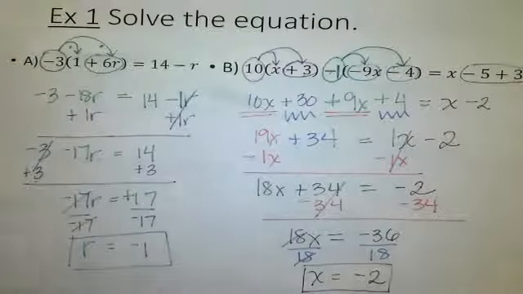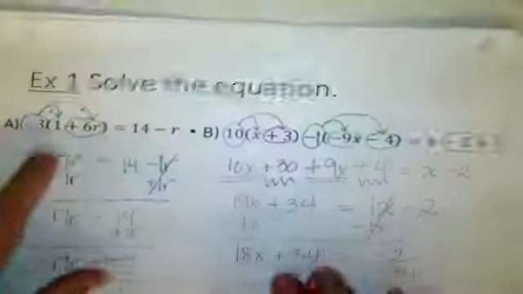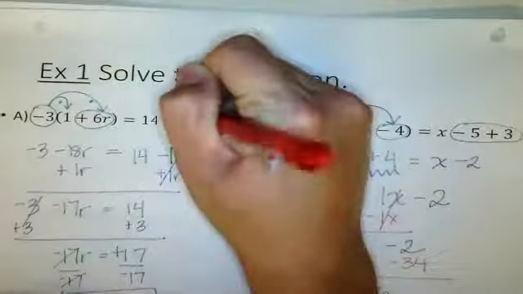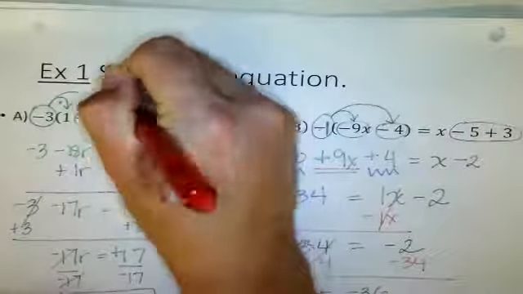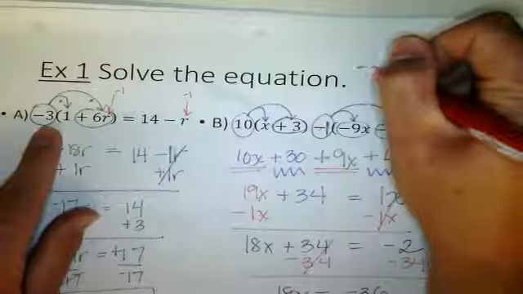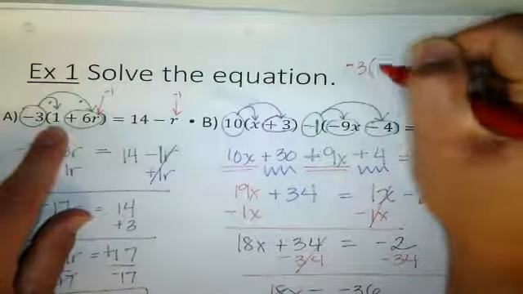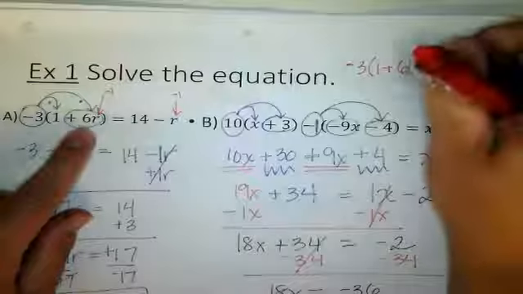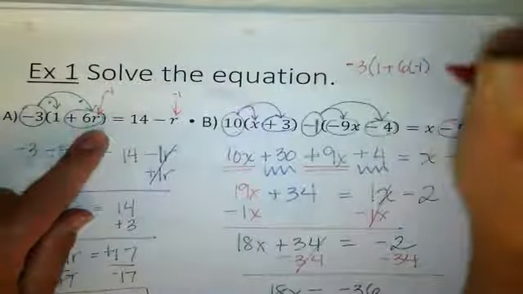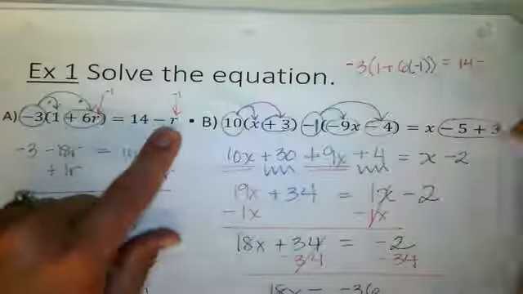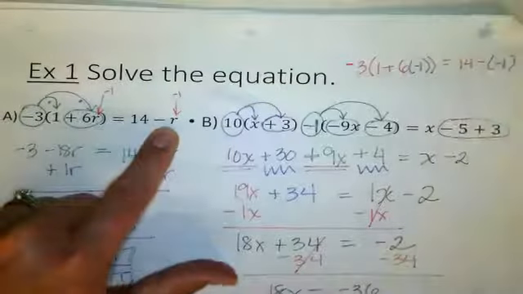And the nice thing is, like I'm gonna check letter A here. We said R was equal to negative 1, so I want to plug in a negative 1 to each of these R's. I'm gonna go ahead and check up here. Negative 3 times the quantity 1 plus 6, and I'm plugging in that negative 1, is supposed to equal 14 minus the R of negative 1.